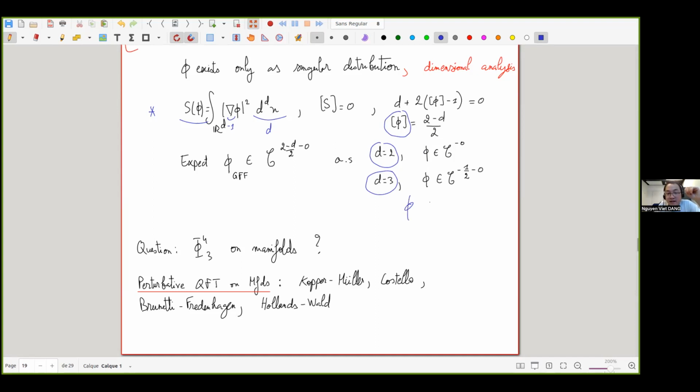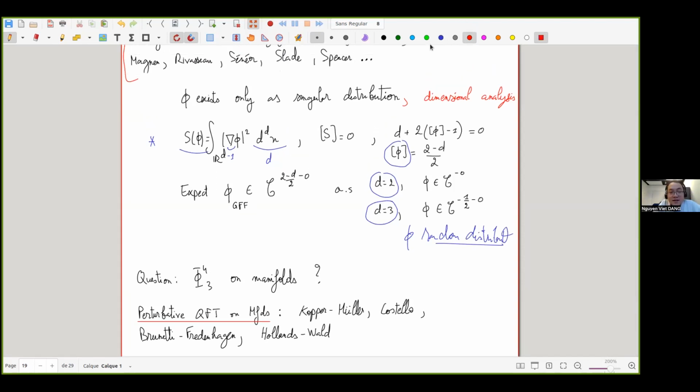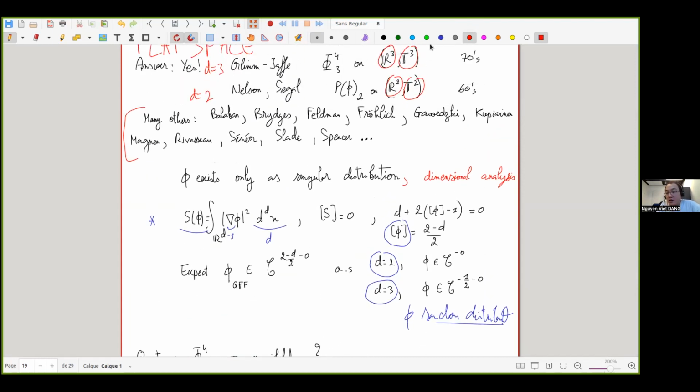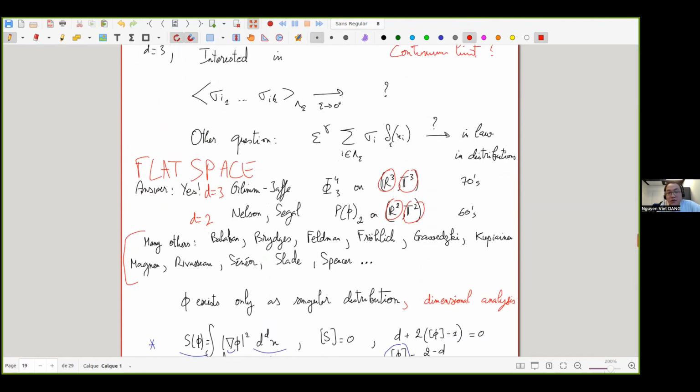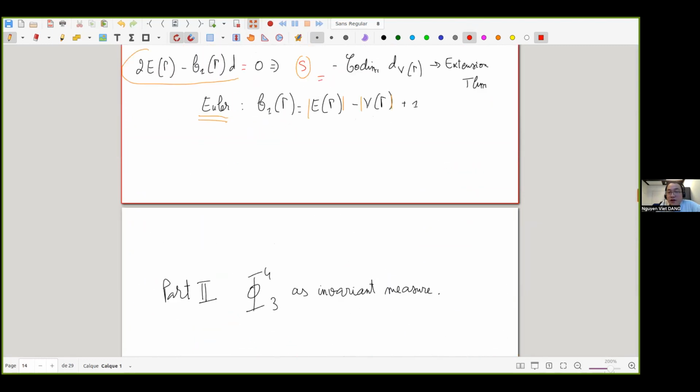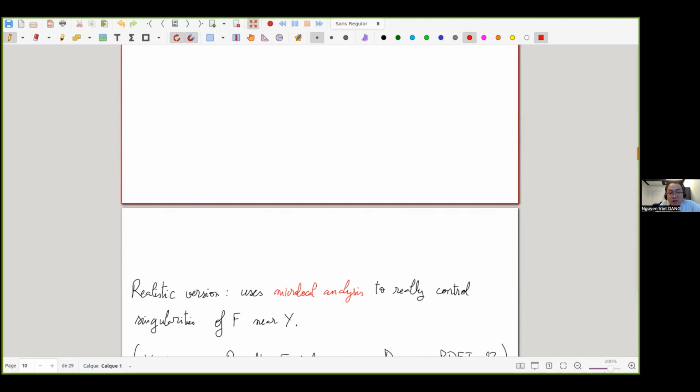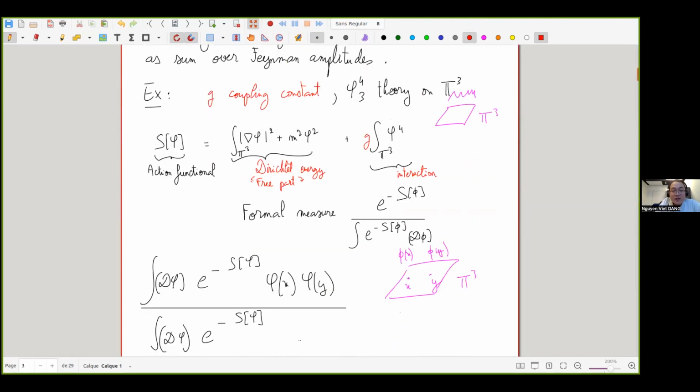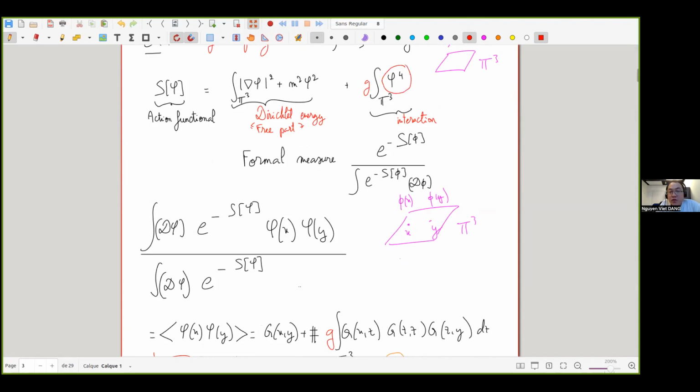So phi is expected to be a random distribution. And you see, this is the origin of the whole mess. Because in Phi^4_3, let me go back to the beginning to show you the Phi^4_3 action functional. You take phi to the power 4, and I'm telling you that if the limit exists, you expect that the random phi is in C^(-1/2 minus 0), so it's a random distribution.